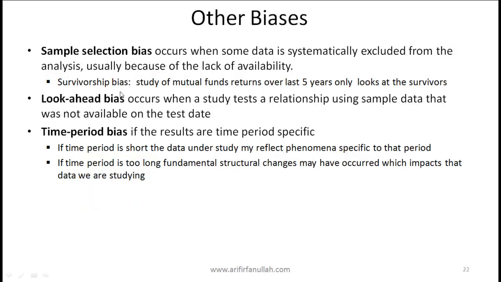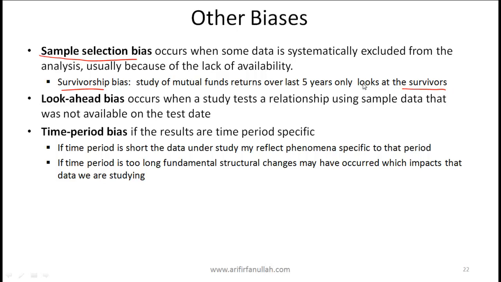Some other biases. Sample selection bias occurs when some data is systematically excluded from the analysis, usually because of the lack of availability. A common example of this is survivorship bias, where if you study mutual fund returns over the last 5 years and you only look at the survivors, the funds that have survived, and essentially you are not looking at the funds that did not survive.